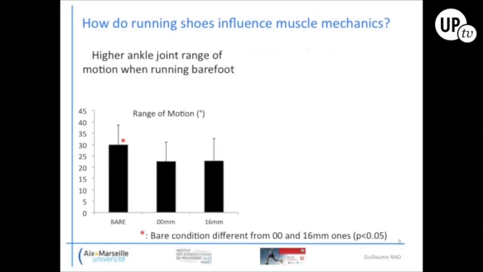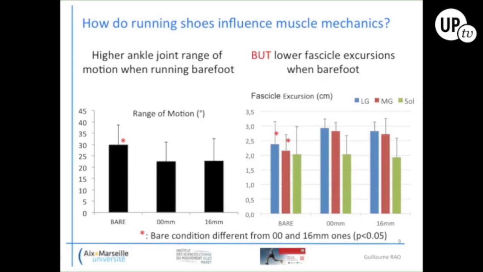So we have a higher ankle joint range of motion when running barefoot. But this increased range of motion at the ankle joint is also interlinked with a decreased fascicle excursion, meaning that the change in fiber length when running barefoot is smaller than when running with a shoe.